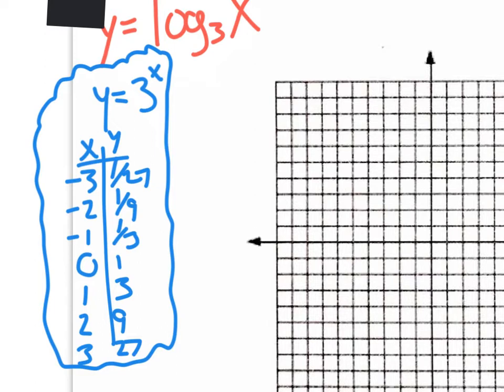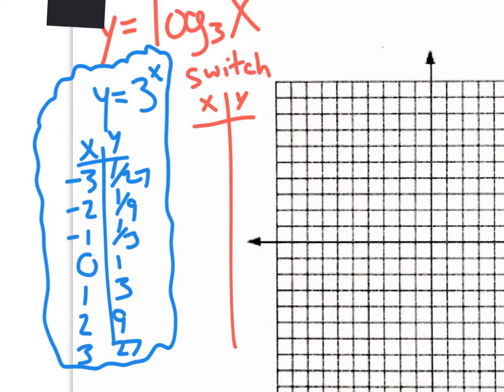So if I want my actual x, y values for my logarithmic function, all I have to do is take these blue coordinates and do a switch. Switch the x and the y's. So in other words, instead of the coordinate -3 and 1/27, I want to have my coordinate 1/27 and -3.